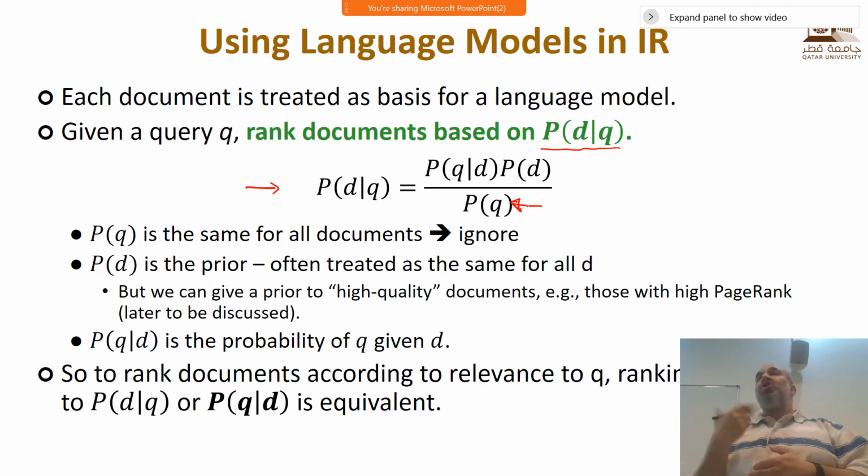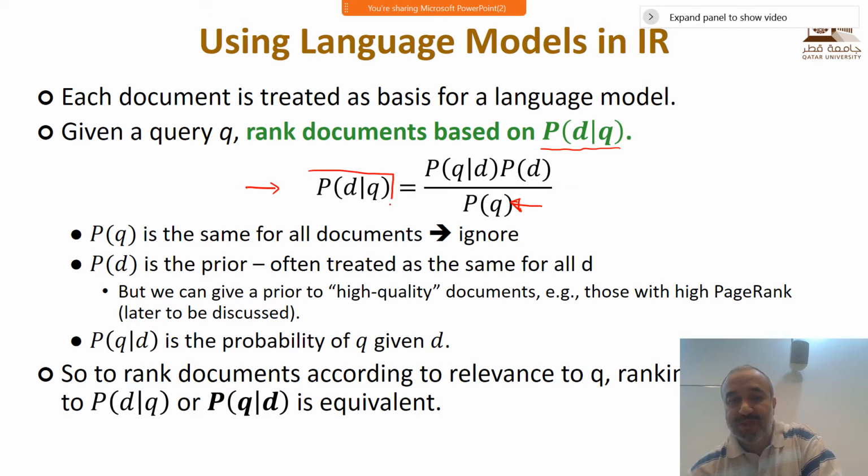I said here that we should ignore it. Why? Why should we ignore any small probabilities? Because it's constant. Constant where? For a given query. Remember, we need to compute this for every document given a specific query.